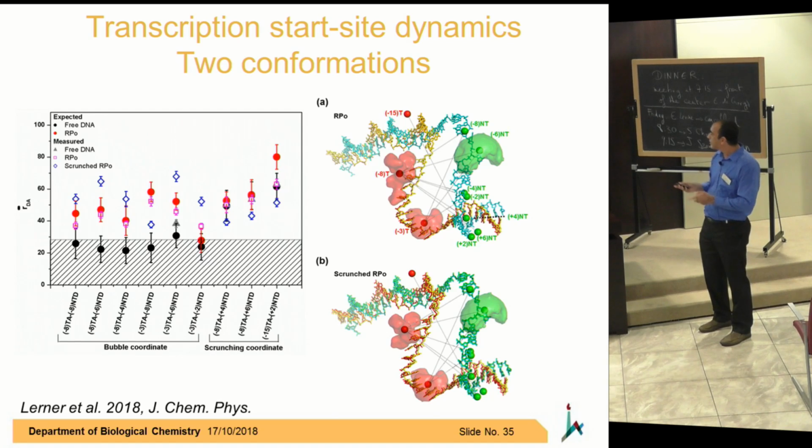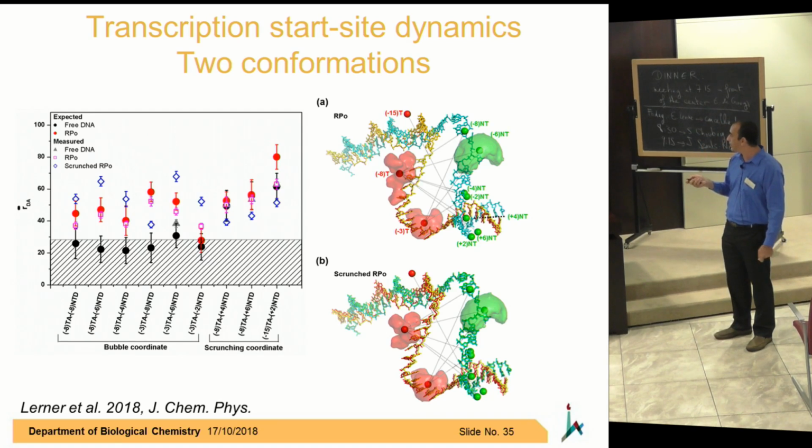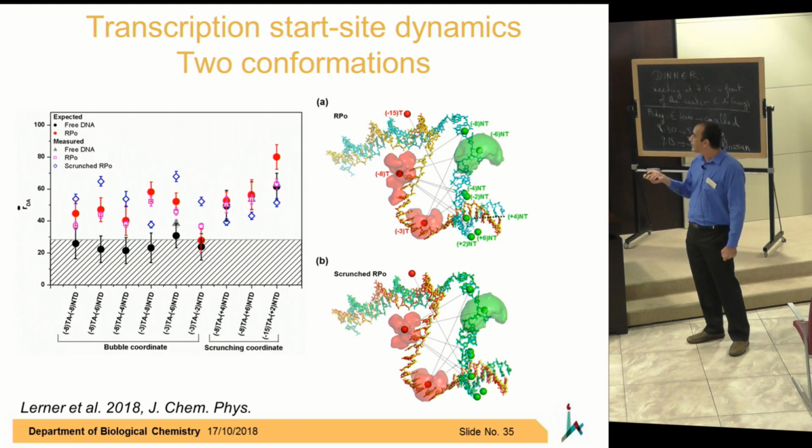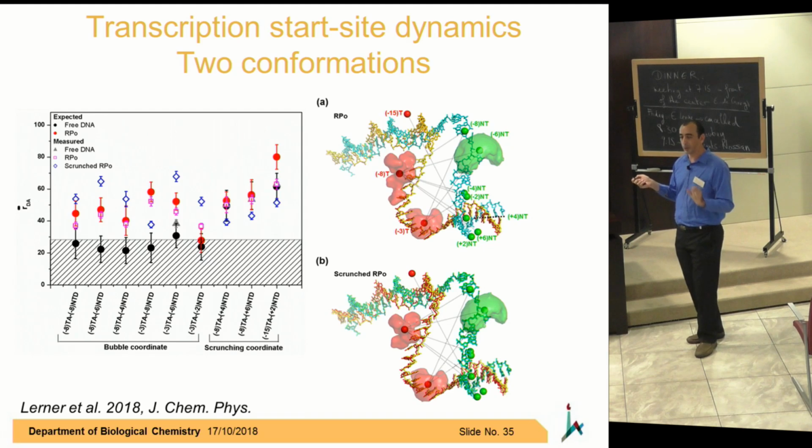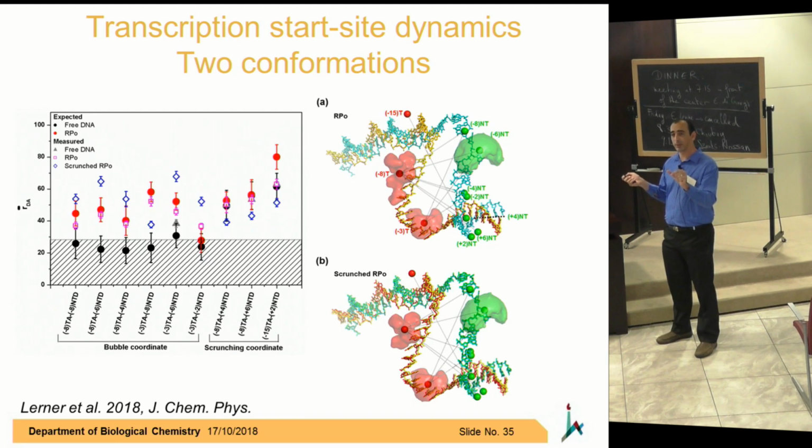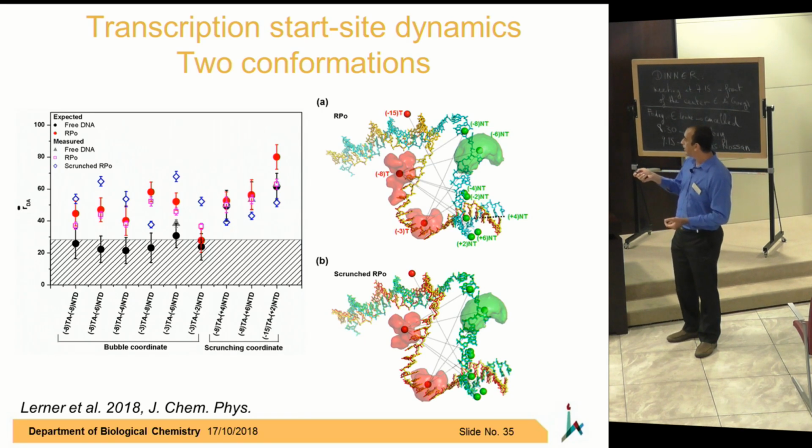So I just want to tell you what were the results. The results were the following. First of all, I compared expected distances. Expected from what? Expected from what you would expect for the dyes positioned on bases of a DNA that is fully annealed, in black, or in comparison to what you would expect from the known crystal structure of RPO, in red.